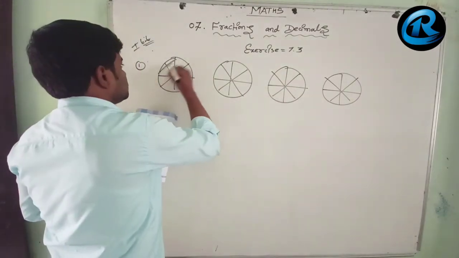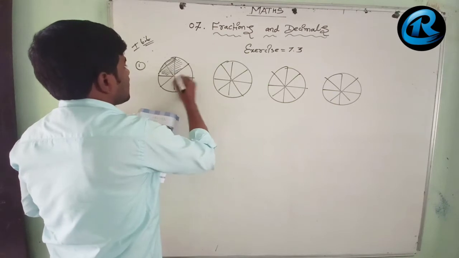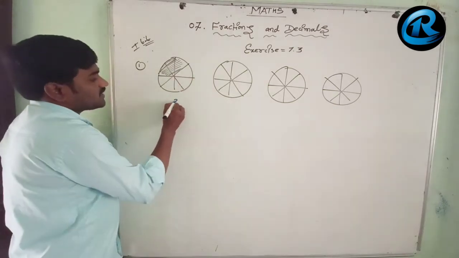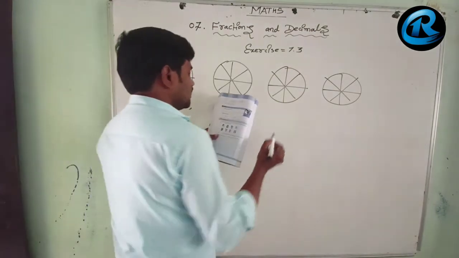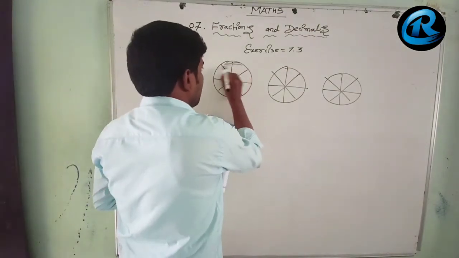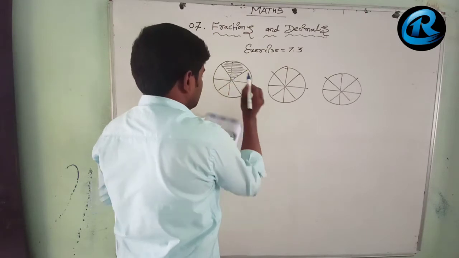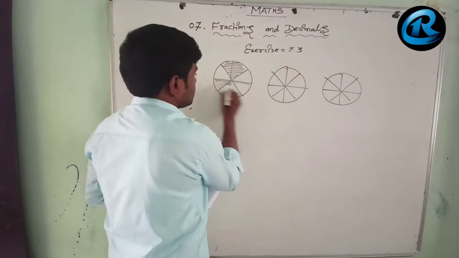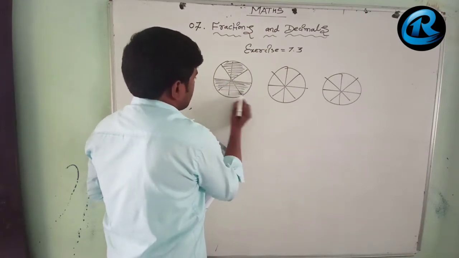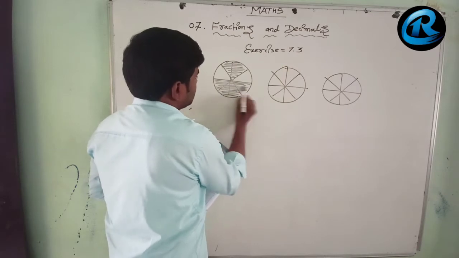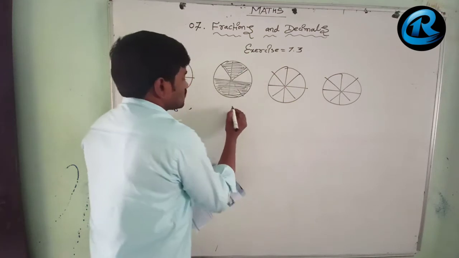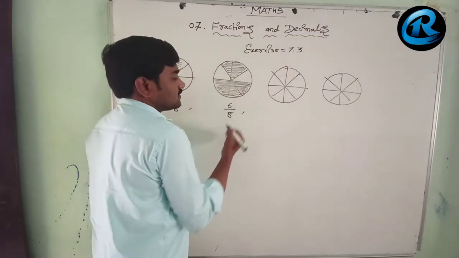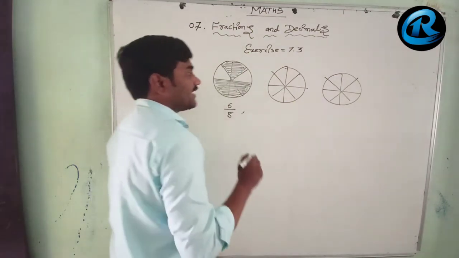In the first picture, 3 parts are shaded. So it is 3 by 8. In the second picture, 6 parts are shaded, so 6 by 8. 6 parts are shaded out of 8 parts.